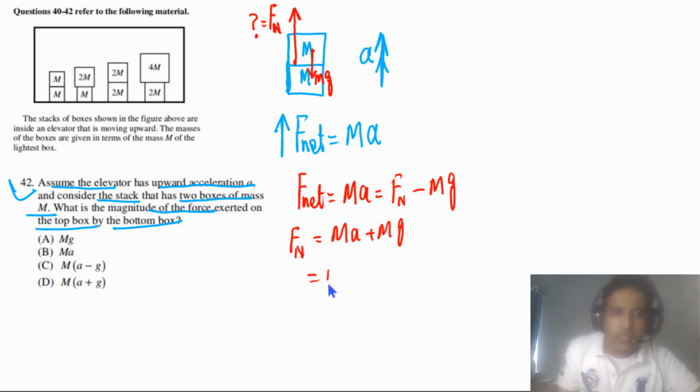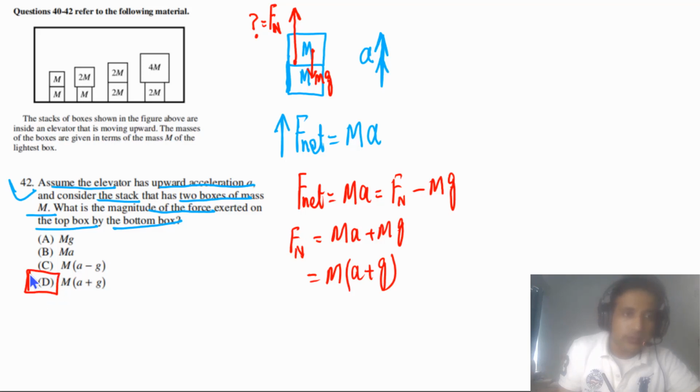If we take m common from here, we can say this is m times a plus g. So this is the force exerted on the top box by the bottom box. It is accelerating, that's the reason Fn is equal to m times a plus g. So the answer for this question is D.